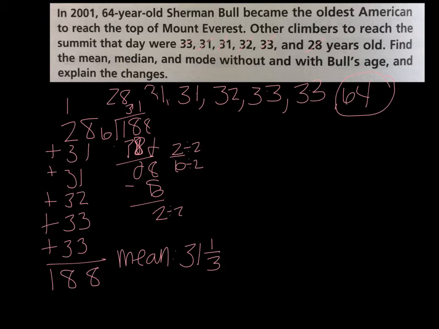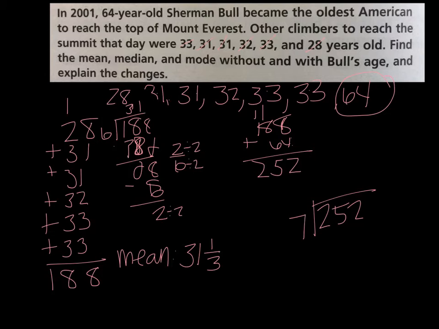Now, if I found it with Bull's age, I would do 188 plus 64. 6 and 8 is 14, plus 1 more would be 15. And 252, and instead of dividing it by 6, I divide it by 7. 7 goes into 25 3 times, minus 21.